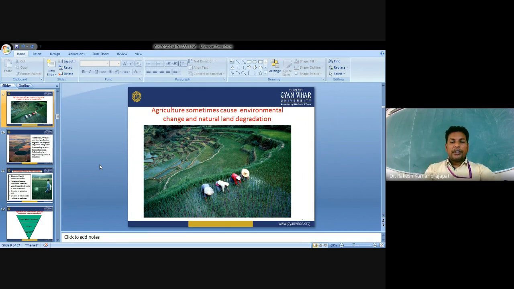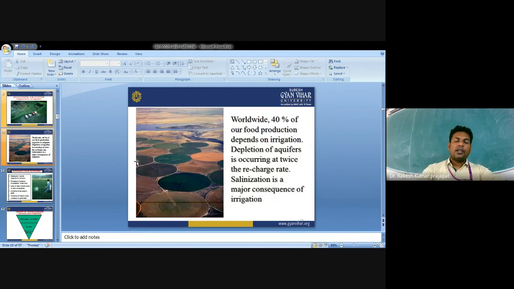These environmental changes happen because of agriculture: different fossil fuels release CO2 into the environment, and it can also be produced from rice fields. Worldwide, 40% of our food production depends on irrigation, and depletion of aquifers is occurring at twice the recharge rate. Salinization is a major consequence of irrigation.